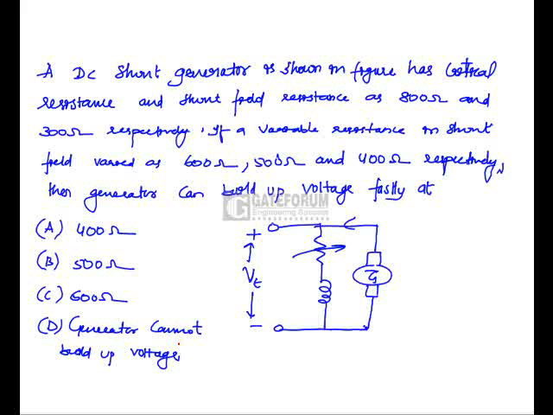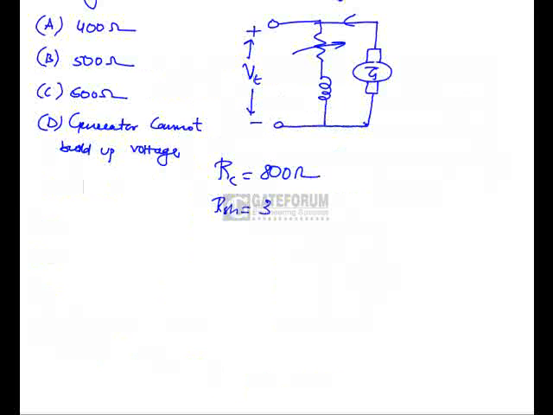Shunt generator shown in figure has critical resistance and shunt field resistance as 800 ohms and 300 ohms respectively. So RC is given as 800 ohms, RSH is given as 300 ohms. Now the machine will build up voltage when RSH is equal to RC.